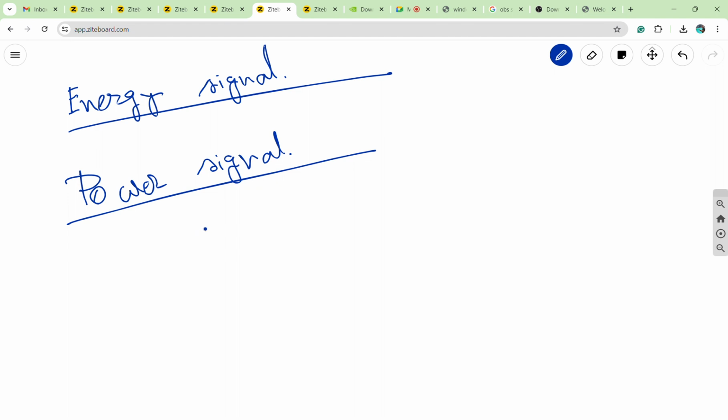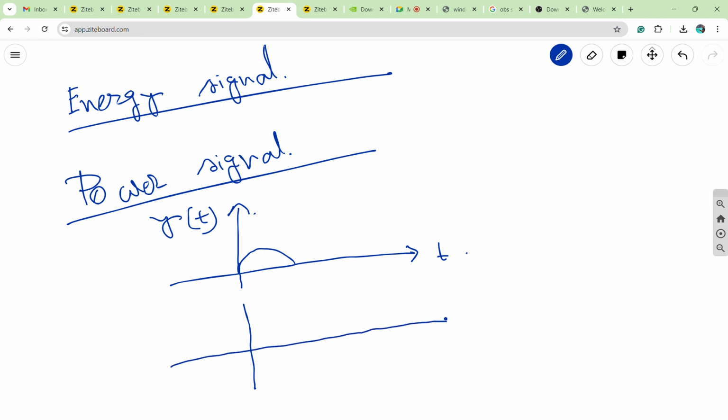These are important things, but here I will go through some particular examples. So suppose this is a signal, and there is another signal, and it goes to infinite.